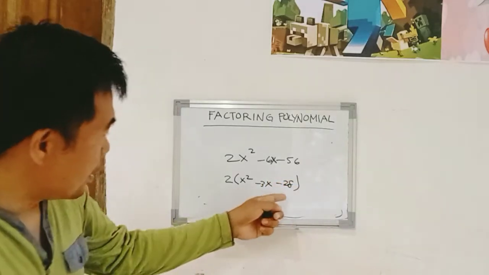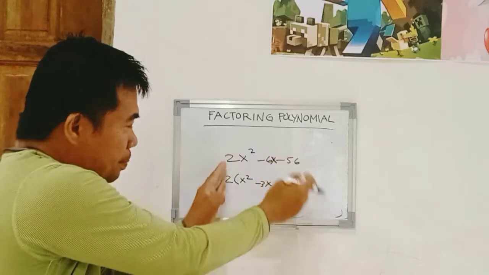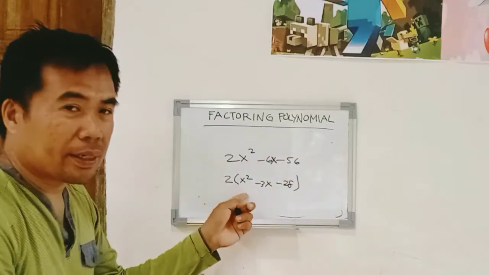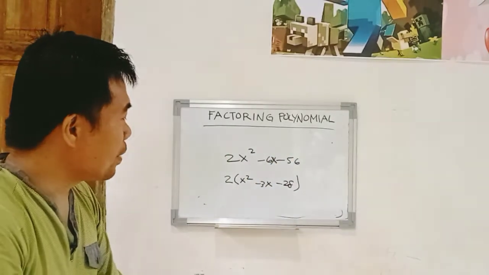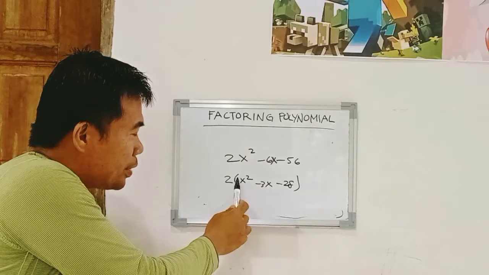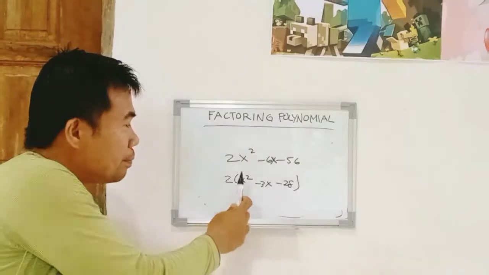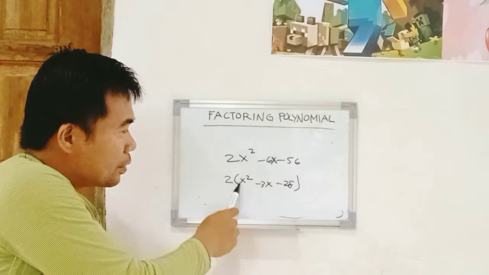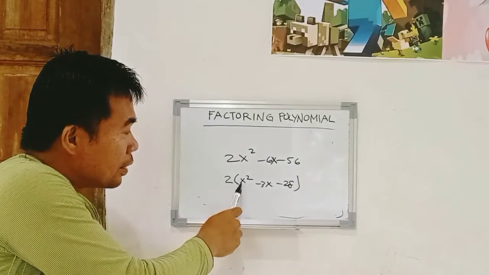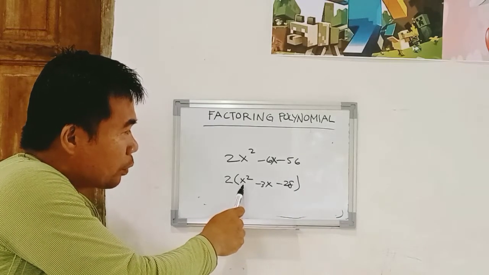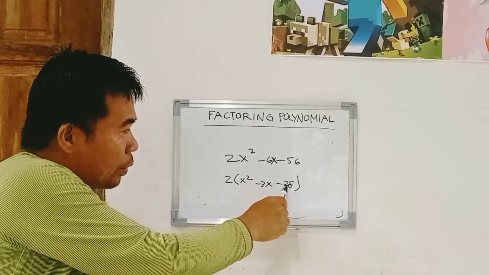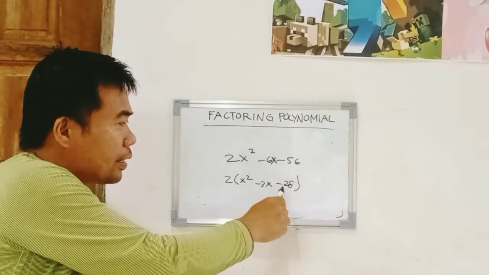You will notice that the expression inside the parentheses can still be factored. We have a leading coefficient here, the first term, of 1. So what we will do next is factor this number, negative 28.